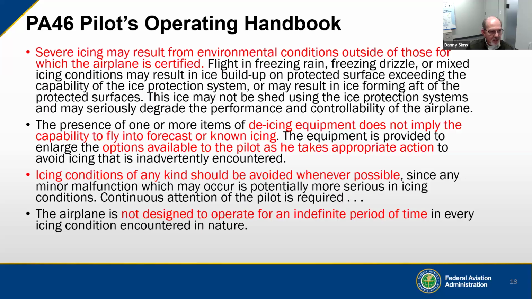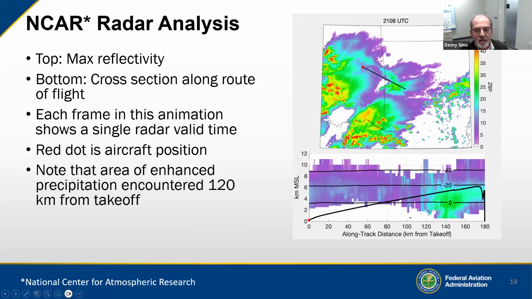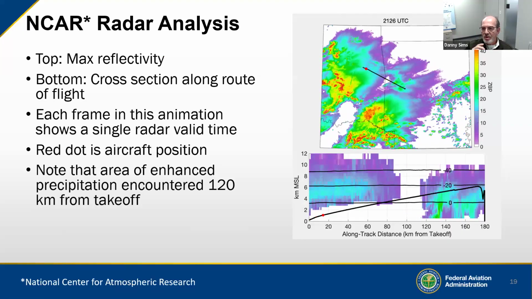Well, as I said, I participated with the NTSB with this investigation, and I was able to use some of the resources that we have available to us, and some of the researchers that we fund at the National Center for Atmospheric Research reran this case, looking into some things in more detail. So this is one thing that they did, they looked at the radar analysis in more detail.